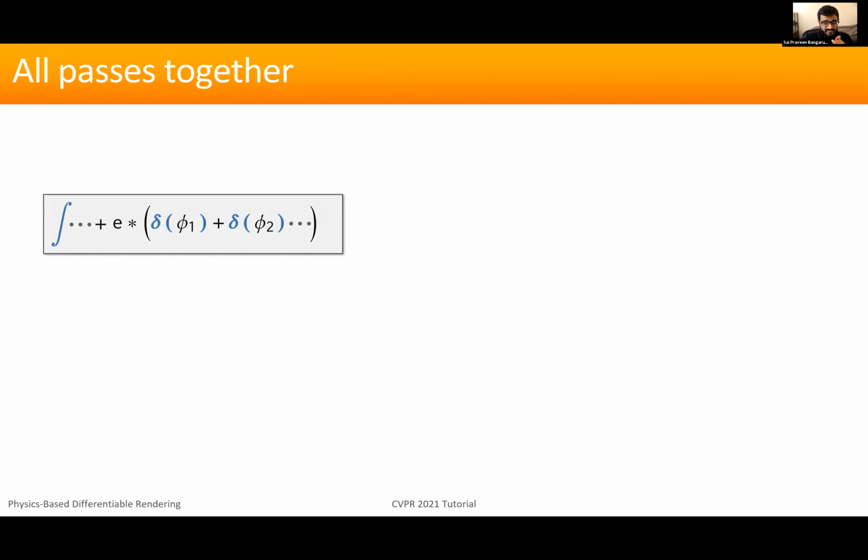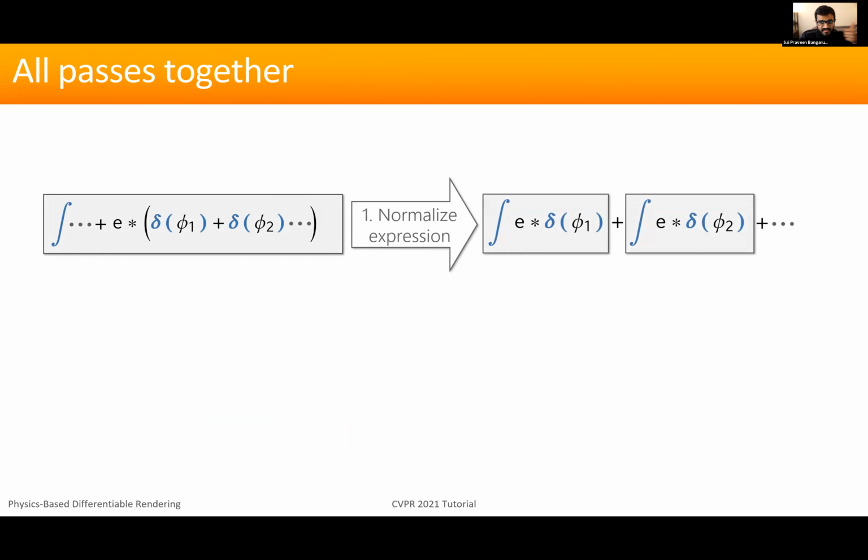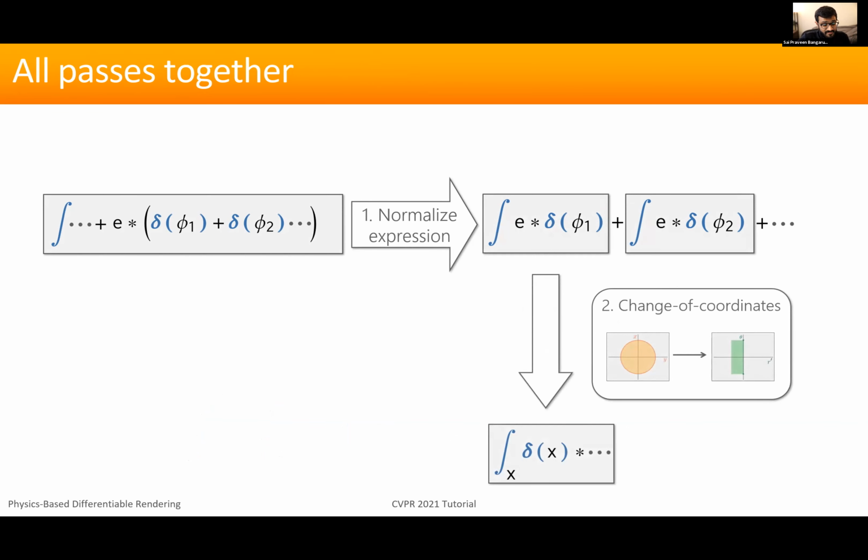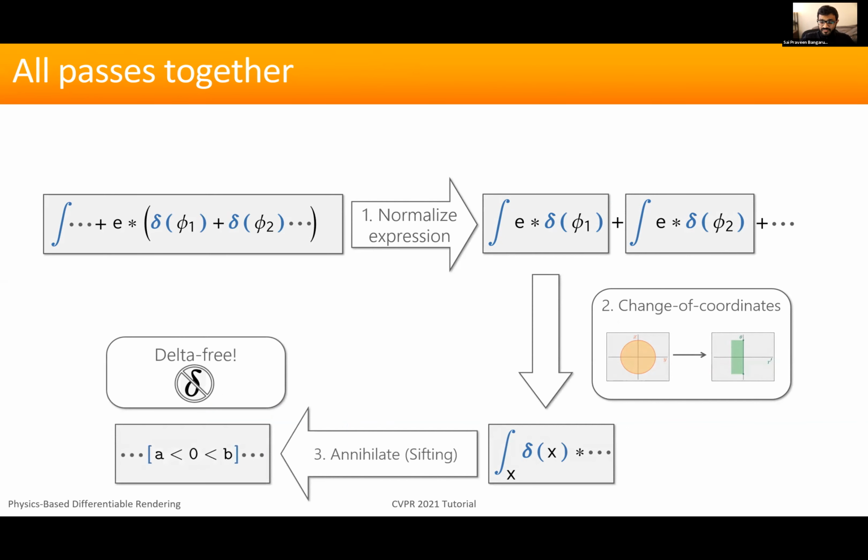So taken together, our compiler handles complex expressions like this. It first breaks down complex expressions into one piece per delta term using the linearity of differentiation. And then each term is reparameterized using a change of coordinates and subsequently eliminated to produce an expression back in the original language, which we can now evaluate without running into issues with deltas.